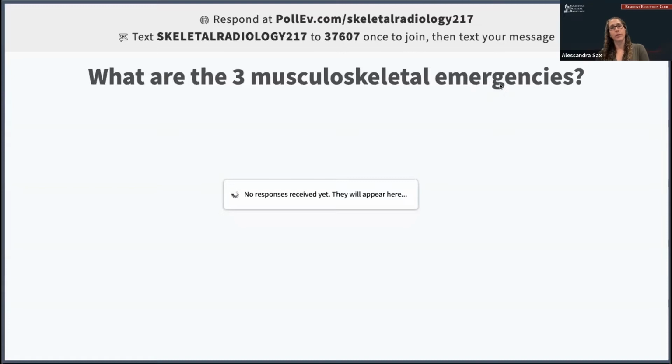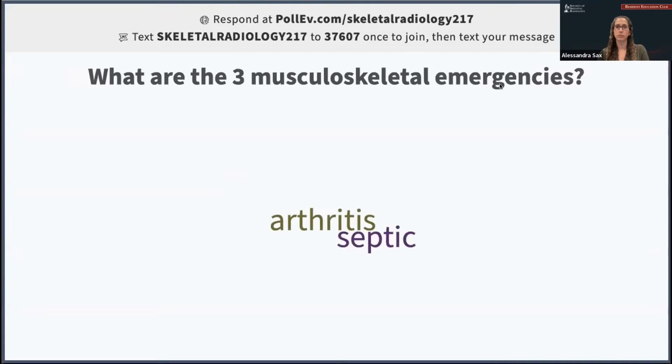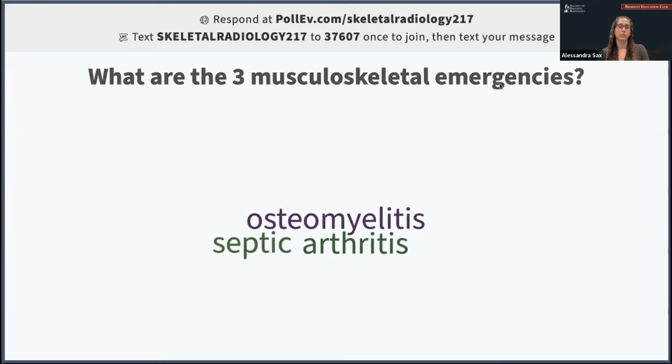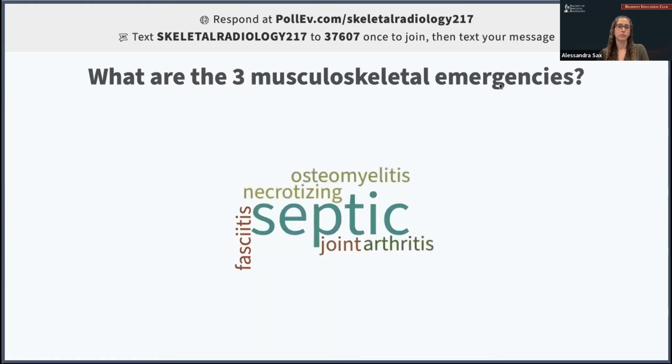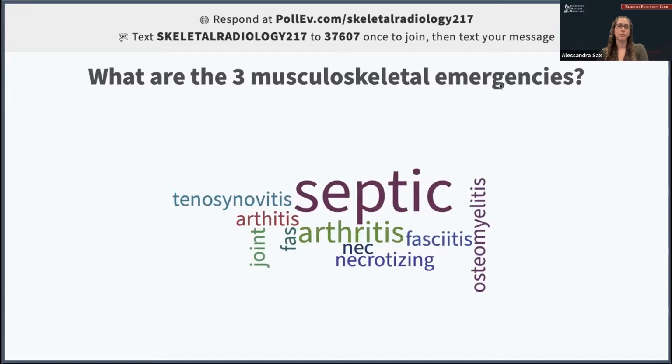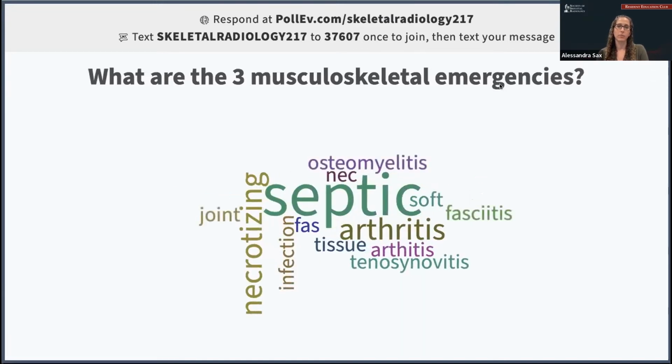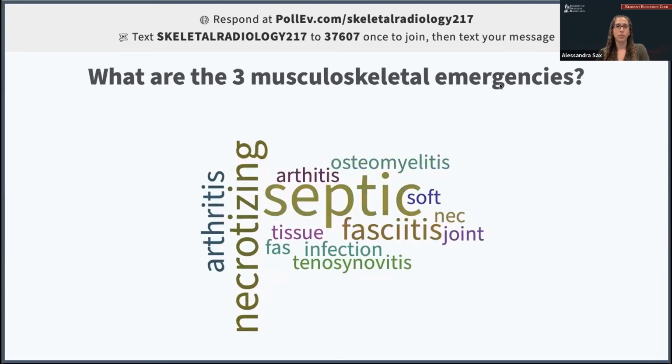Right. You can put more than one answer in here, so you can name all three if you'd like for our 3 musculoskeletal emergencies. Good.